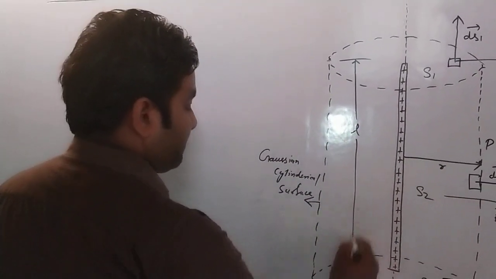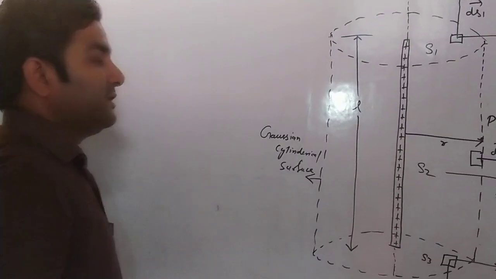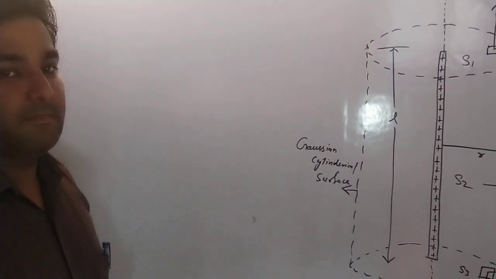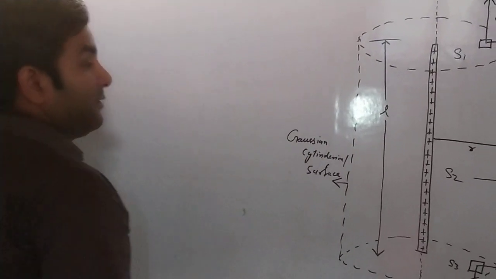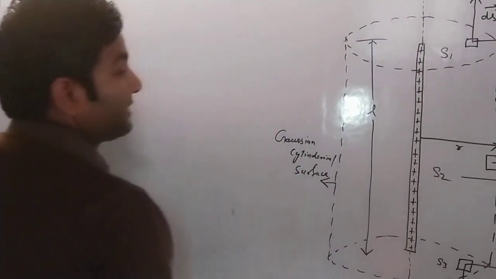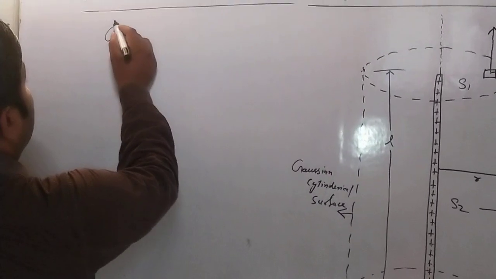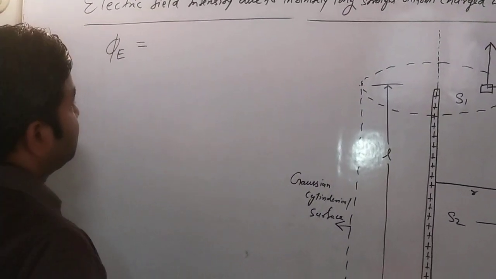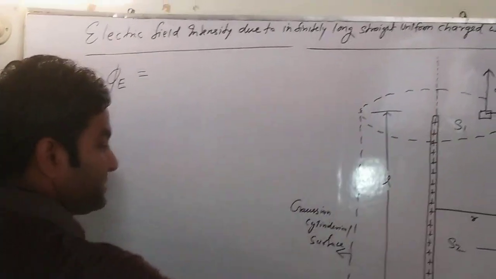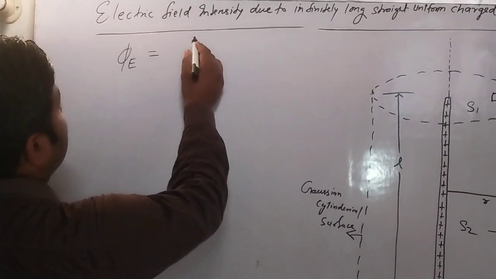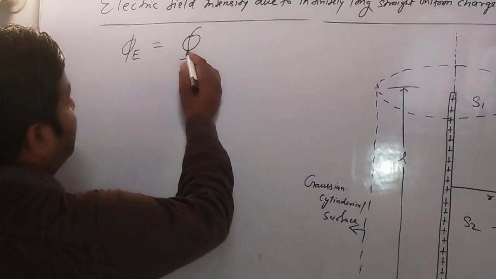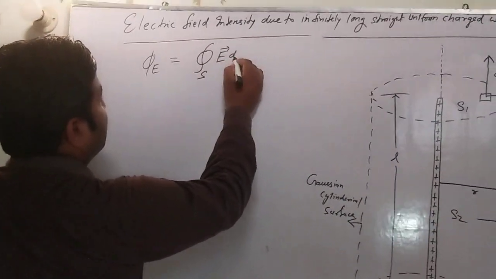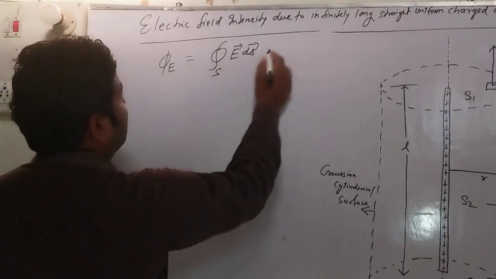Suppose L is the length of this imaginary cylinder. Then by the application of Gauss theorem, we can easily calculate the electric field intensity at this point. Now, the flux due to this charged wire is equal to the integration over the closed surface of E dot dS.